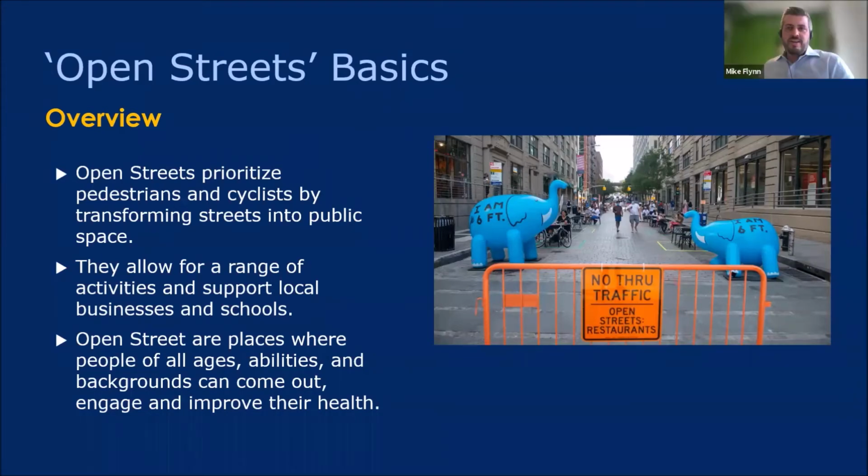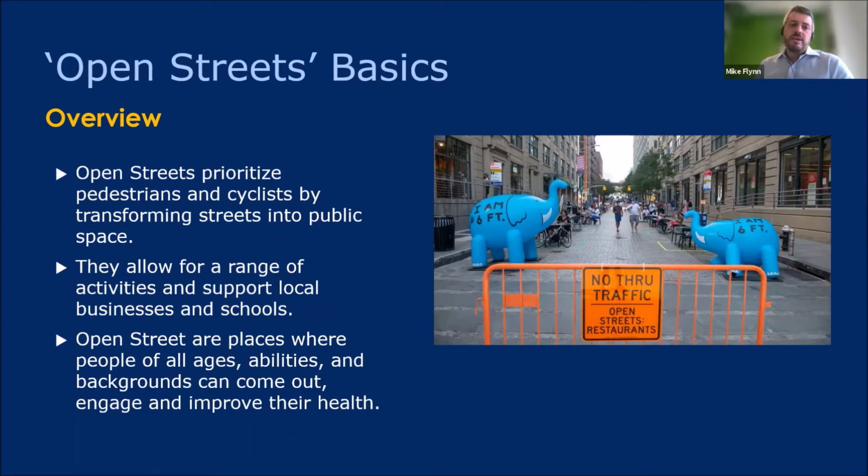All right. Thanks, Kathy. Well, hopefully after today, some of you will be inspired to champion OpenStreets in your community. So we wanted to start by giving an overview of what we mean by OpenStreets and what different forms they can take. It's kind of a catch-all term, and people have used it to mean a few different things.